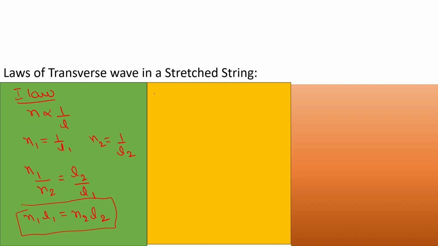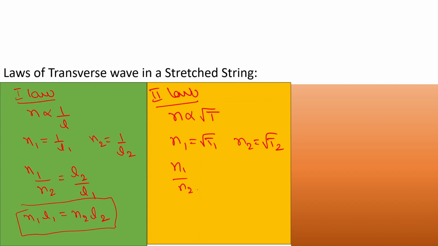Now coming to the second law of transverse waves in a stretched string. Now n is directly proportional to root T. Therefore, n1 is proportional to root T1 and n2 is proportional to root T2. Then n1 by n2 becomes square root of T1 by T2.